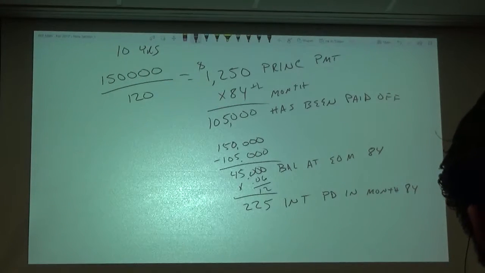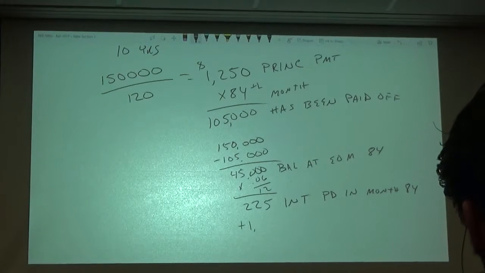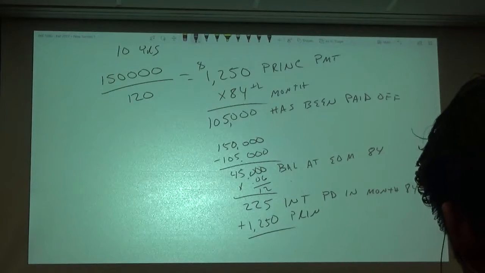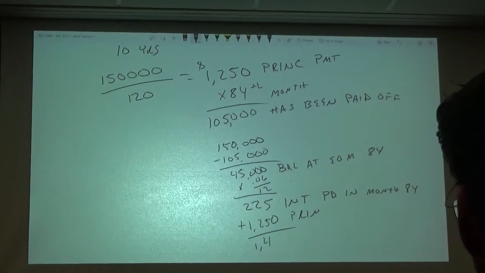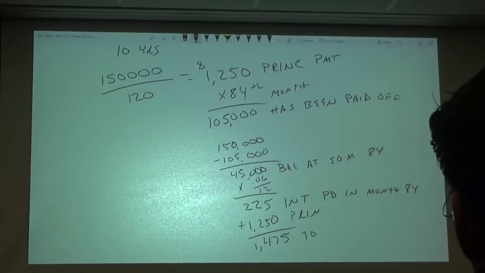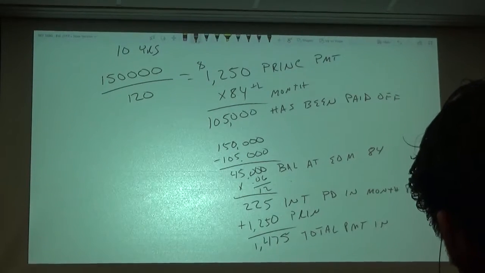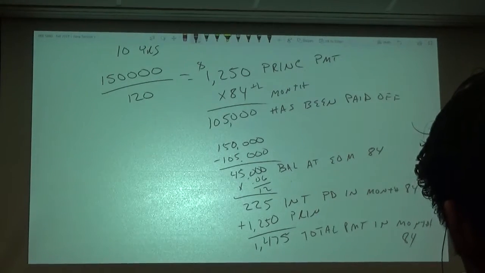Okay, so our total payment for month 84 is going to be that 225 plus 1250, which is our principal, and so our total payment is going to be what? $1,475 will be our total payment in month 84. Okay? Make sense?